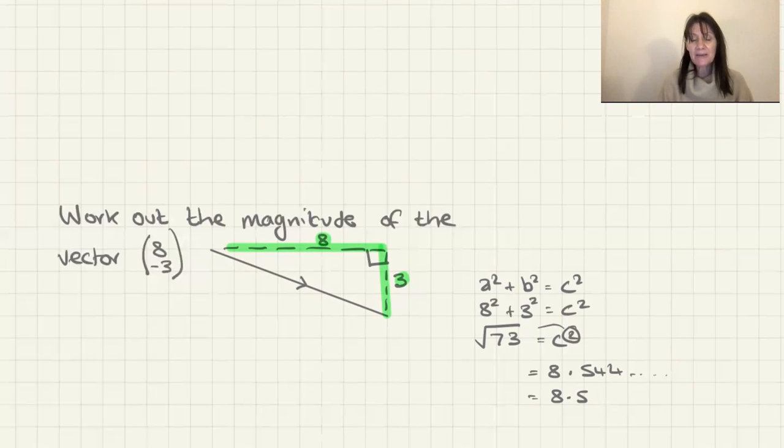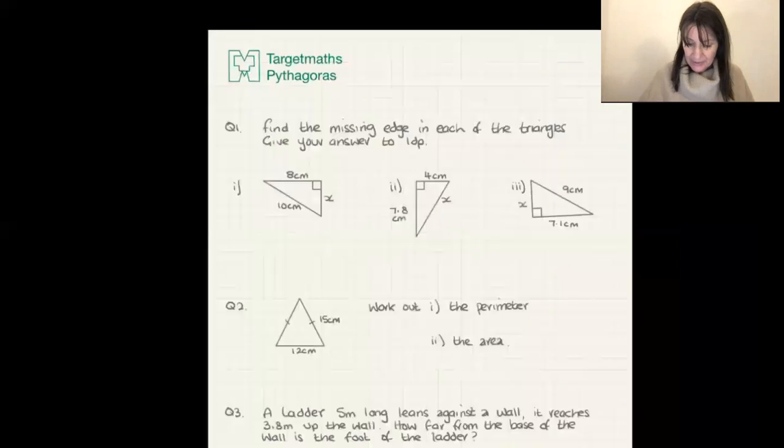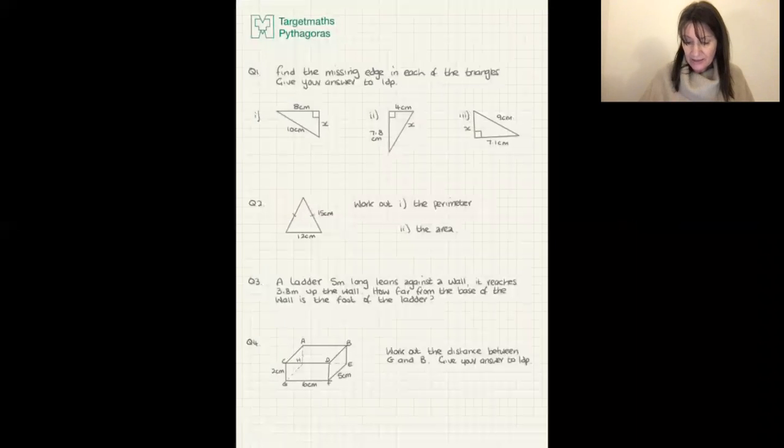So Pythag, who would have thought Pythag would be part of our vector topic? So Pythag just sneaks in anywhere it can. Anywhere there's a right angle triangle, it can be there. All right. So what you're going to do is practice. So again, you've got this available to you as a full worksheet.